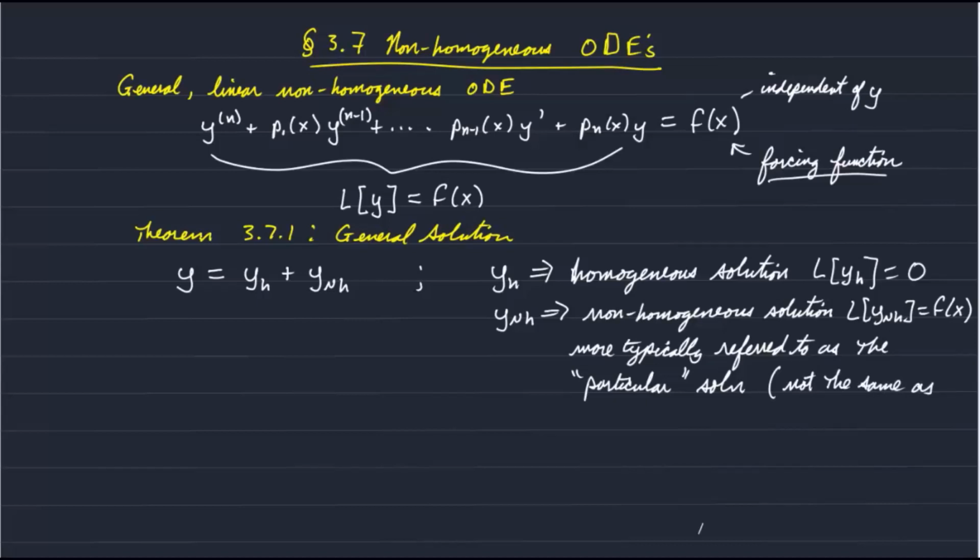It's the same words, just used for a different meaning. So it's not the same as the case of solving an initial condition IC or boundary condition BC. So again, this is the general solution.